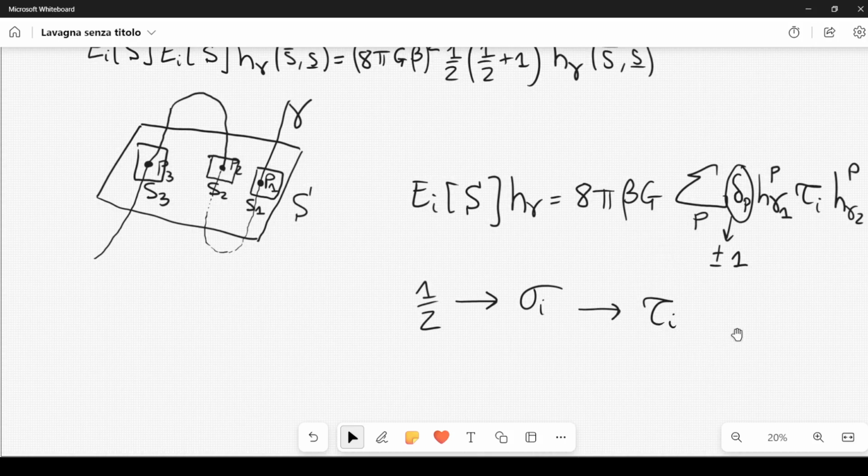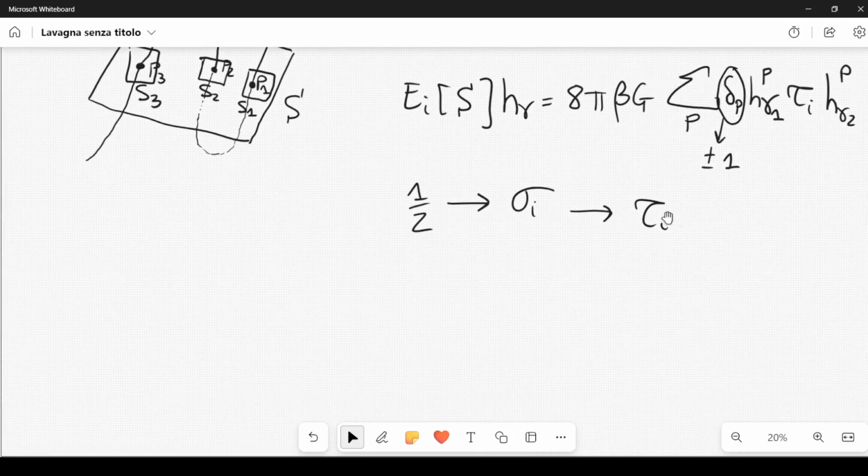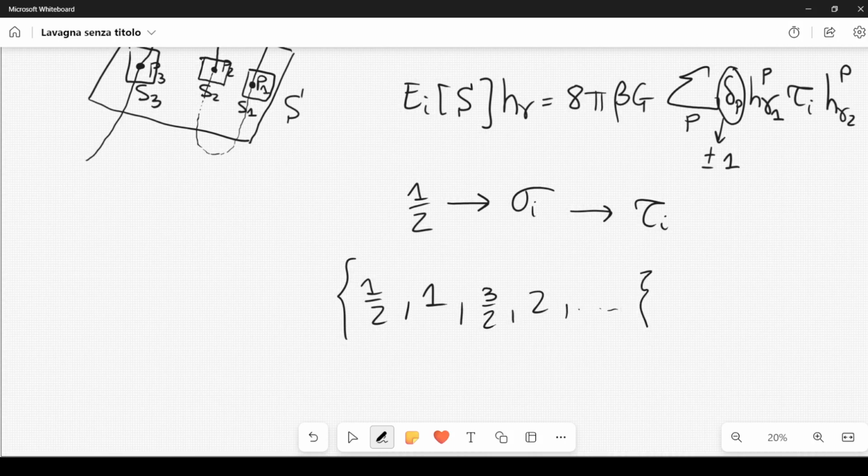Now, we can obtain higher spin representations, for example, by taking certain tensor products of spinors and of matrices of this kind. In principle, we can represent spin 1/2, we can represent spin 1, spin 3/2, spin 2, and so on. And the generators of the group can be denoted in the following fashion.